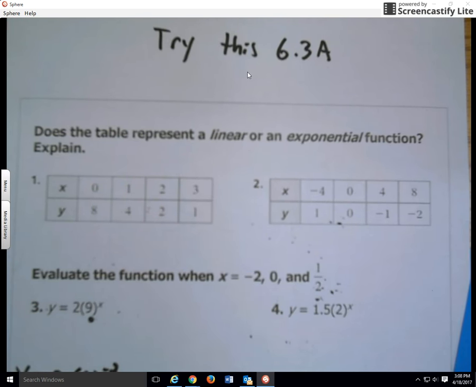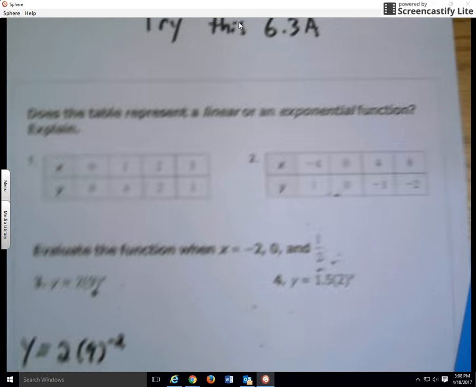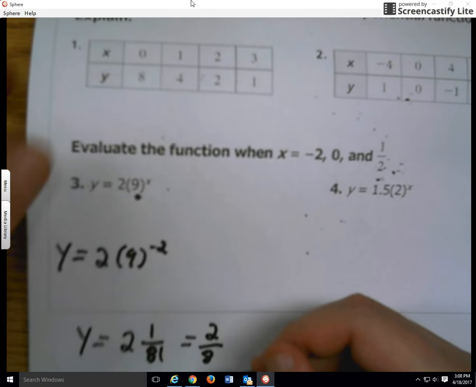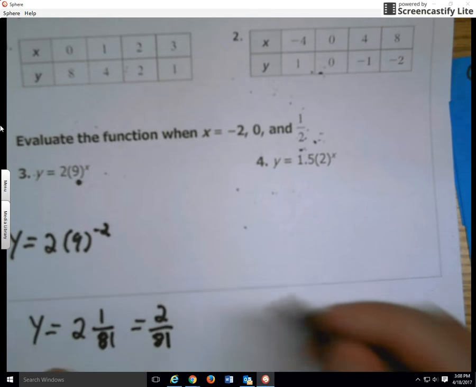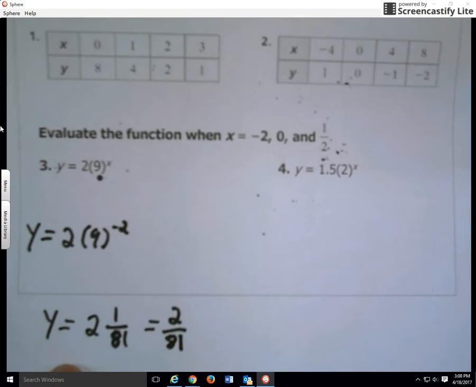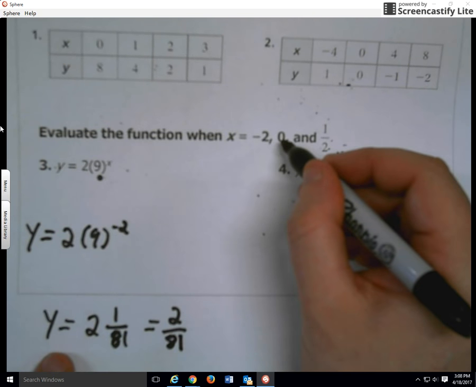And then 2 times 1 would be 2 over 81. Okay, so we substituted the negative 2, and now let's try the 0.